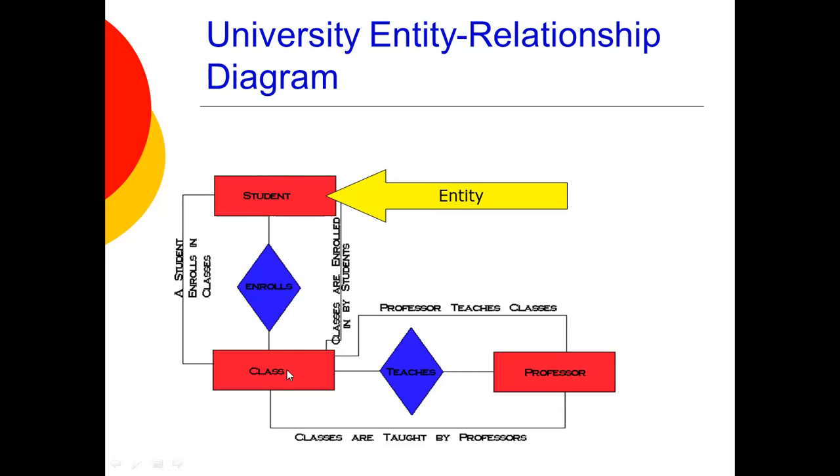A student and class have the relationship of enrollment: a student enrolls in a class. Similarly, the relation between the professor and the class: classes are taught by professors. So teach is again a relationship. Professor teaches class. So this is the ER diagram.